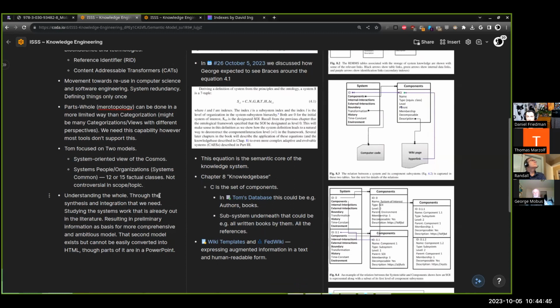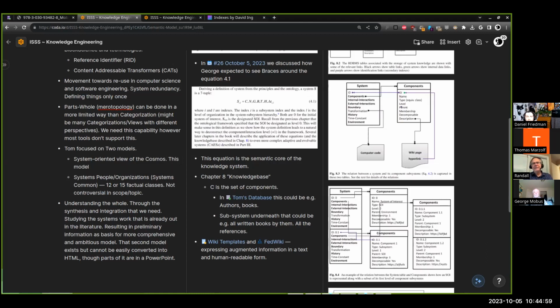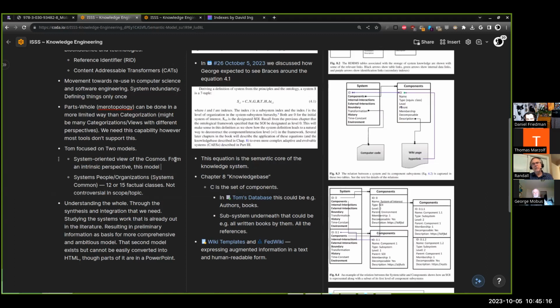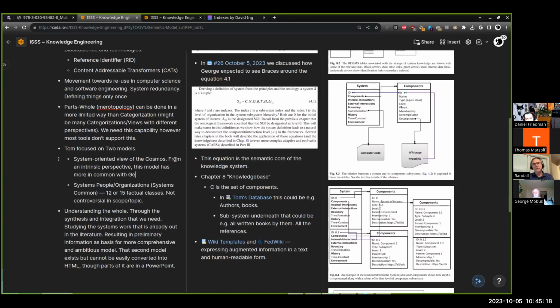So I just want you to be aware that there are two separate models. Probably the one that matches better with George's is the second one, not Systems Common. On the other hand, I think Systems Common has provided something useful, and it's shown that this type of thing can be done. But yes, it takes a lot of work, and that's one of the issues. I always see about 15 different directions that I can go, and it's always a problem what to do next.